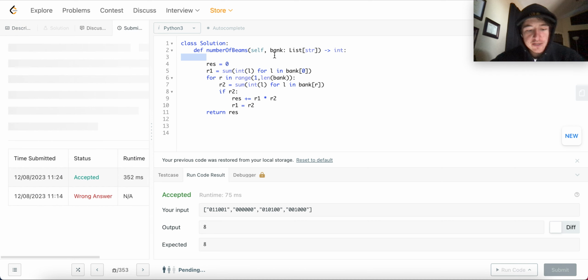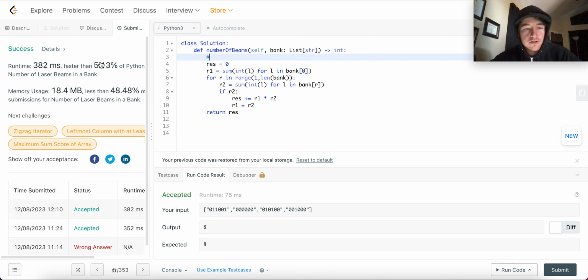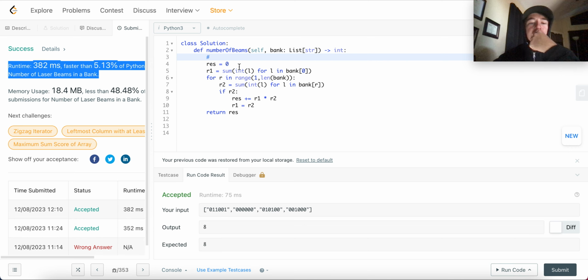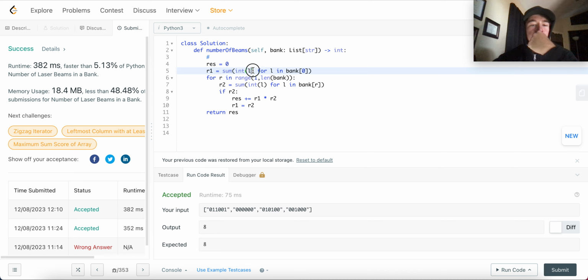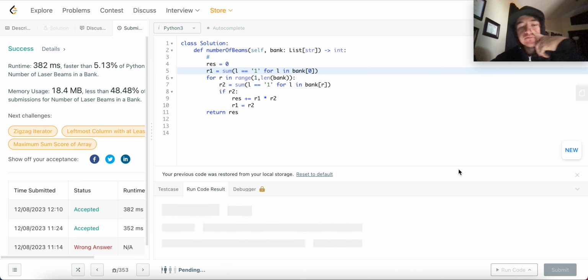Okay, so what is the runtime complexity of this if this works? Why is that so slow? Probably because of this int thing. What if you just did L equals 1? Sometimes these little operations can really slow you down.